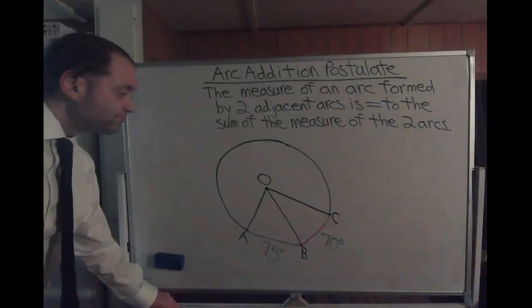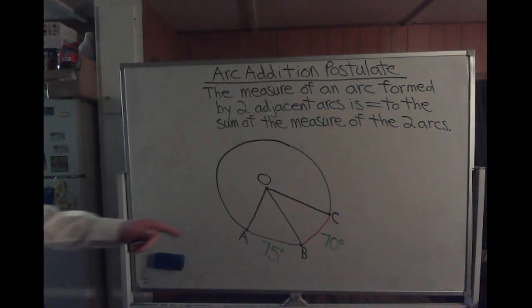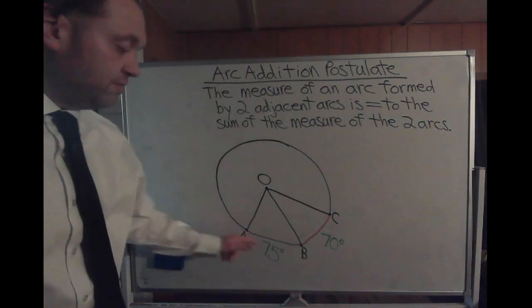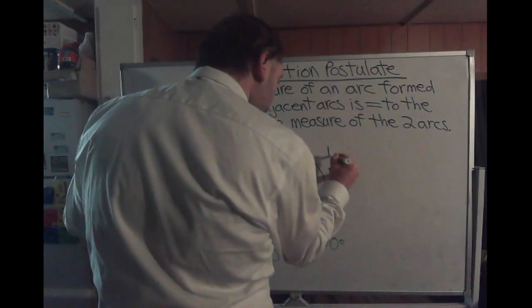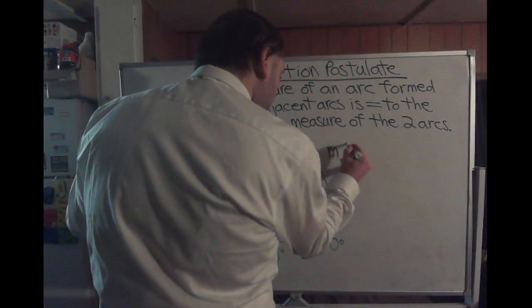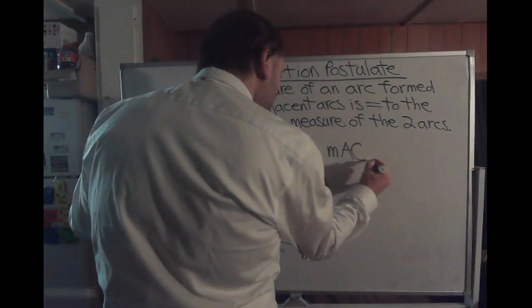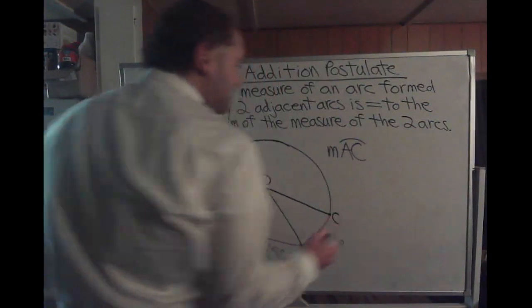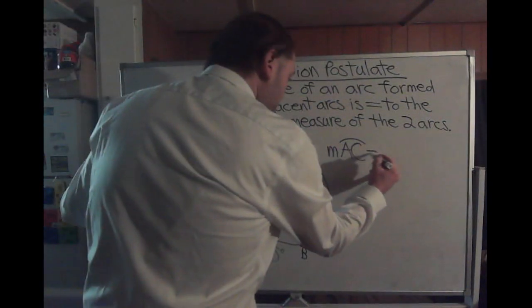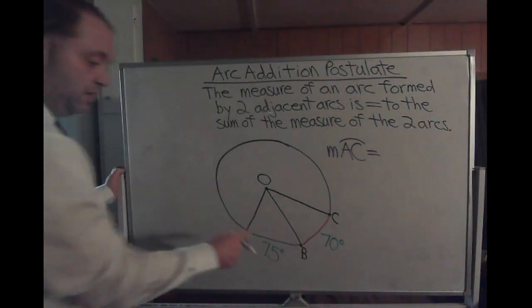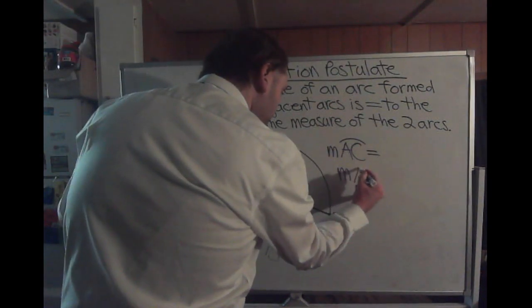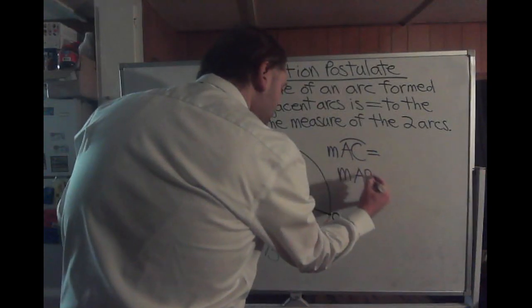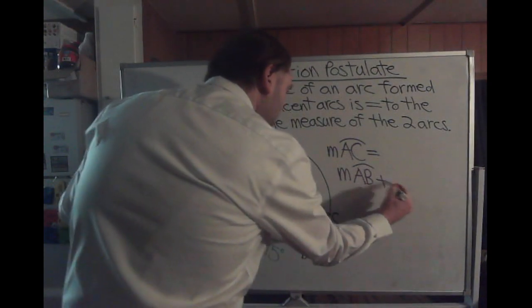So really we want to find the measure of arc AC, which is minor arc AC. We can do that just like the angle addition postulate. That's going to be equal to the sum of the measure of arc AB plus the measure of arc BC.